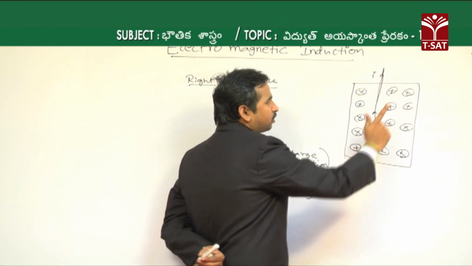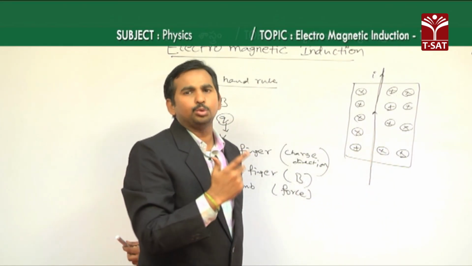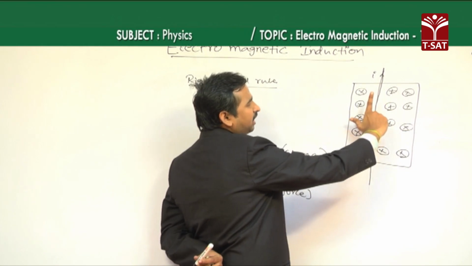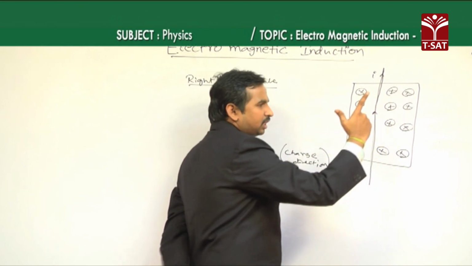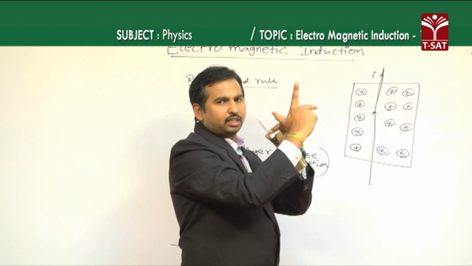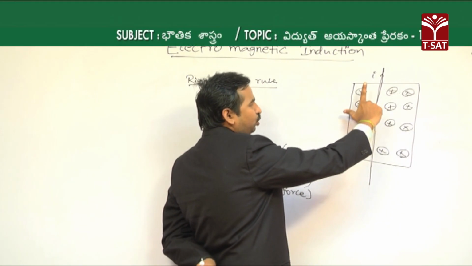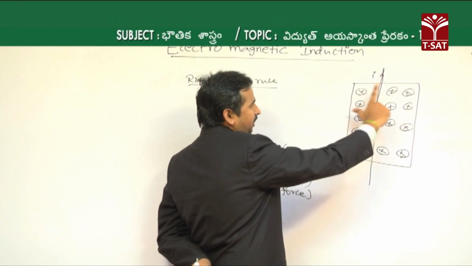Then, as I said, the cross represents into the plane, so we take the field into the plane and the current going upwards. So the thumb represents the force, and in this case the force is acting to my left side, in this direction.